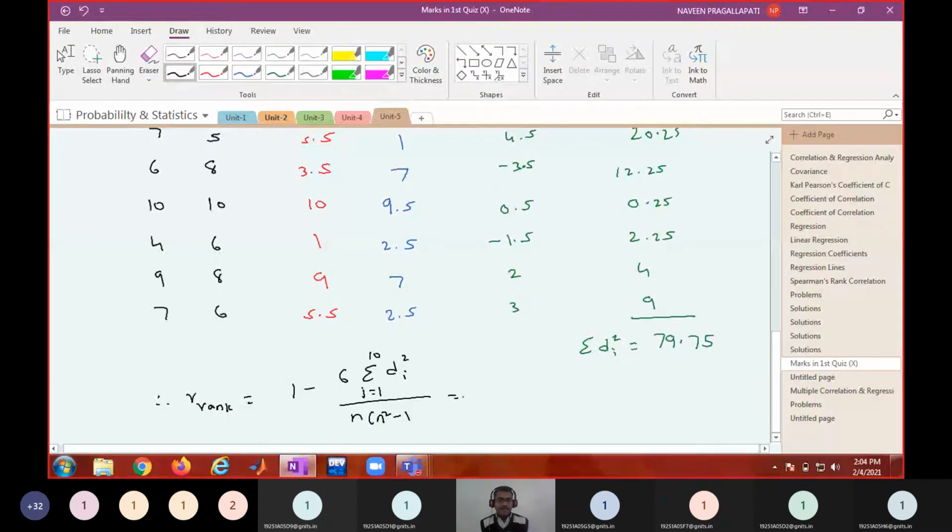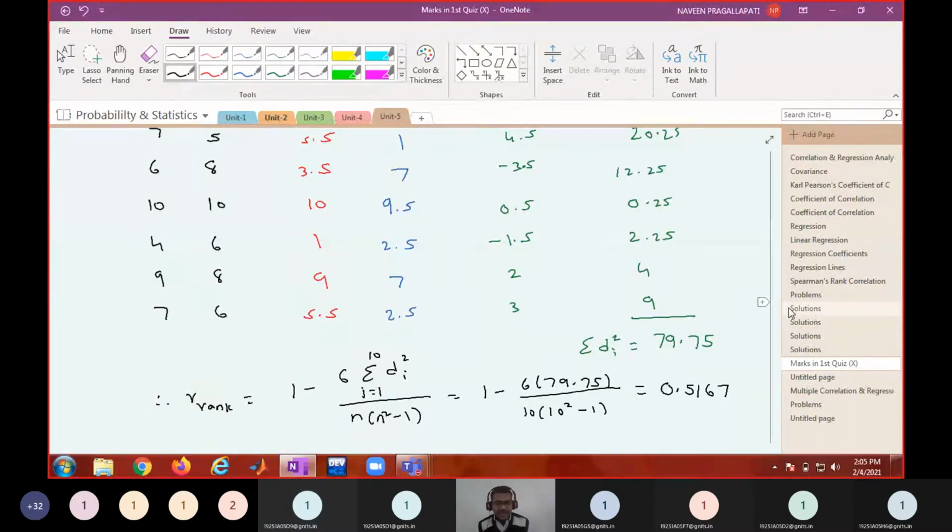Equal to 1 minus 6 into 79.75 by 10 into n square minus 1. Compute this. 0.5167.